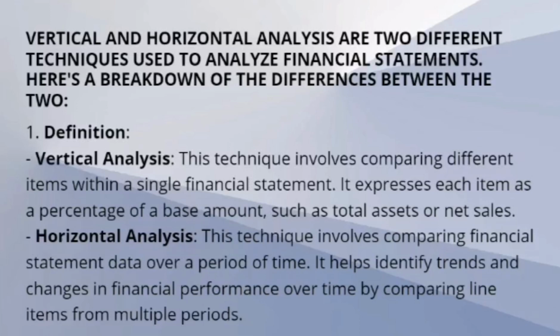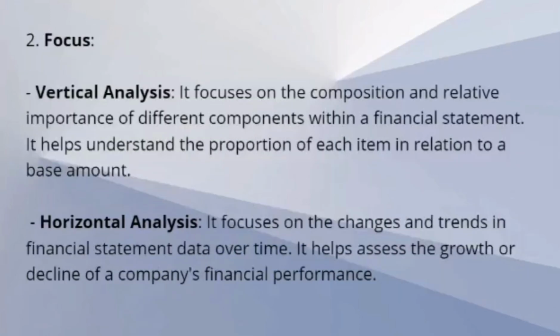It expresses each item as a percentage of a base amount, such as total assets or net sales. Horizontal analysis. This technique involves comparing financial statement data over a period of time. It helps identify trends and changes in financial performance over time by comparing line items from multiple periods.